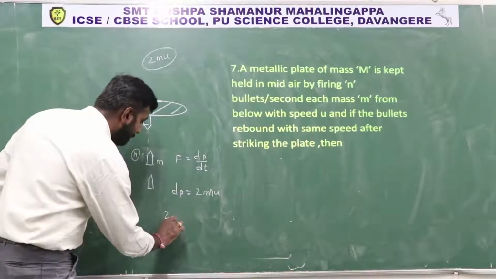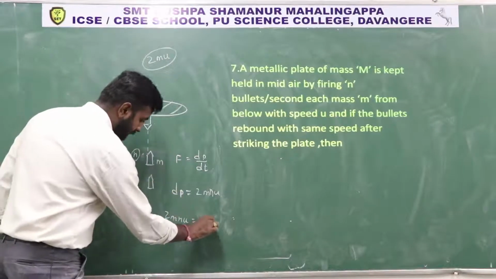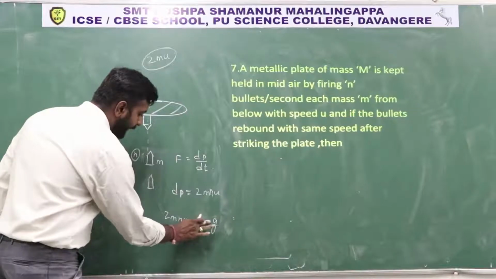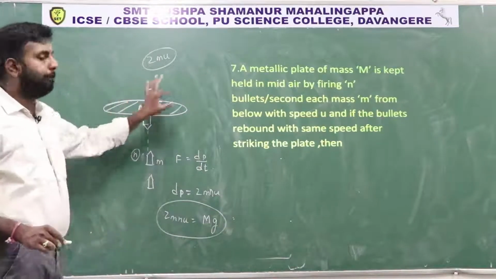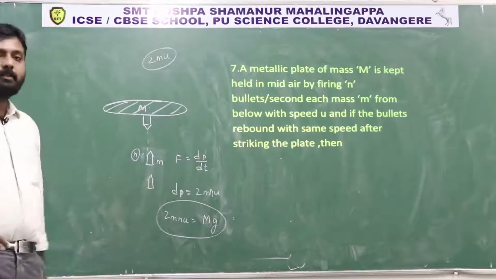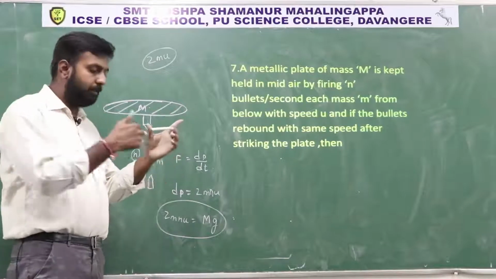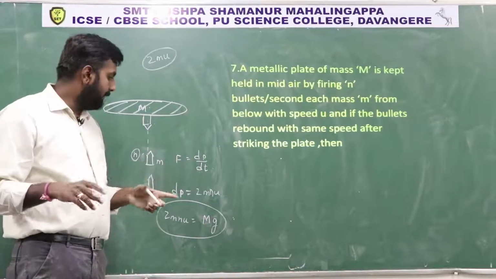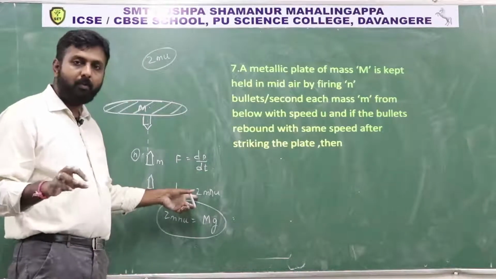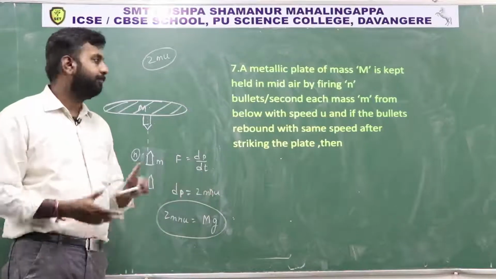This 2mnu is balancing, that is, equal to the weight of the metallic plate. Remember this concept. For one bullet, once it strikes and rebounds with the same speed, the change in momentum is 2mu. For n bullets you have to multiply by n.